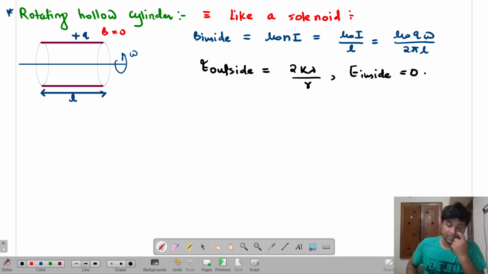So it does not imply that where electric field is zero, magnetic field is also zero. Remember that. There was an assertion and reason in NEET 2021 that if electric field is zero, magnetic field is zero. No, that's not sure for a rotating hollow cylinder. Are you able to get me or not? Is this clear?